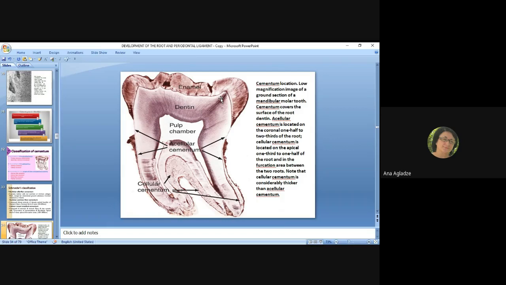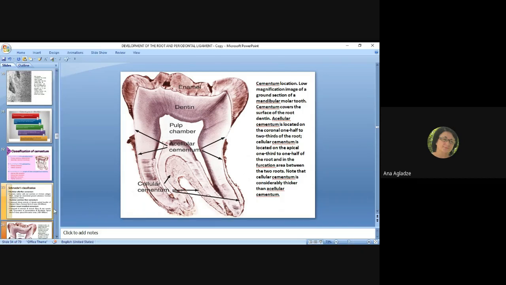A distinction is now made between five different types, and we will discuss these five different types of cementum in humans.